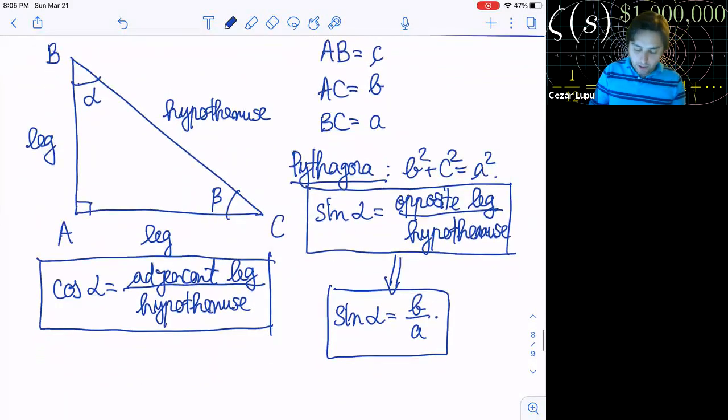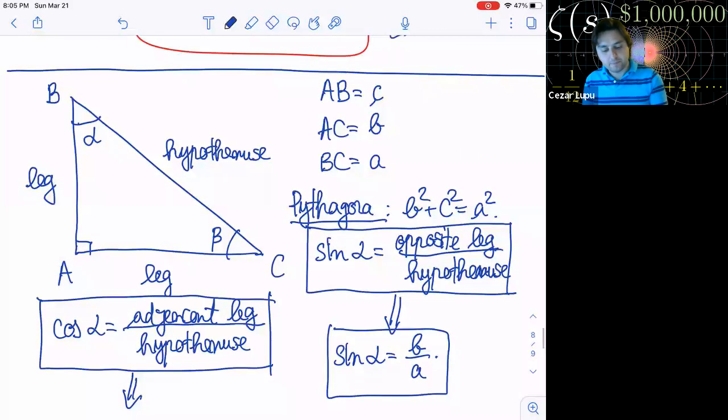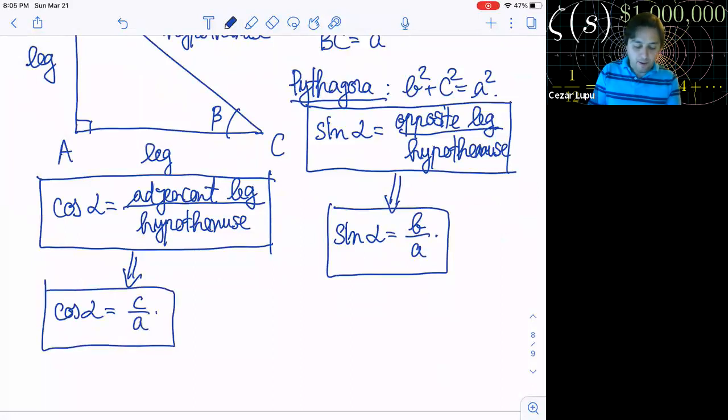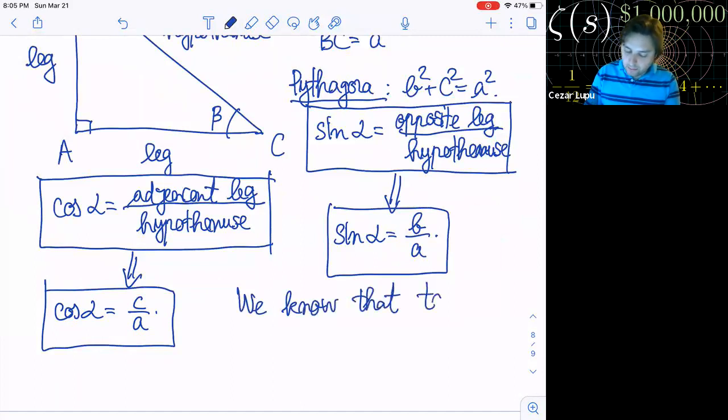What about cosine of alpha? Which one is the adjacent leg? It's the one close to alpha. It is AB, which is C. So it's C over A. Well, guess what? Tangent of alpha is sine over cosine.